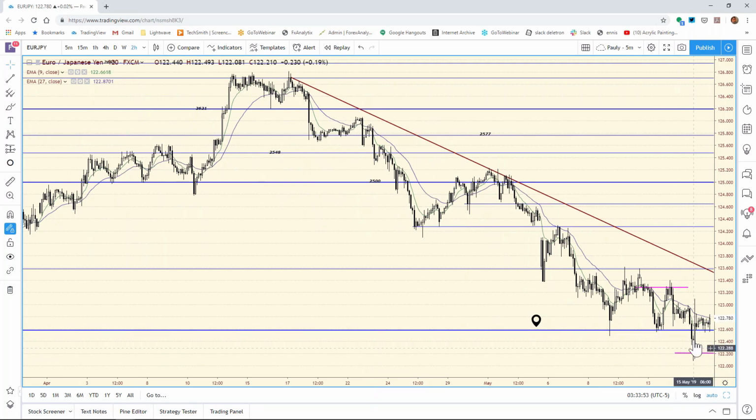That'll be important here. We'll have to watch this over the next couple of days, see if we can defend this area here, try and make a stand.